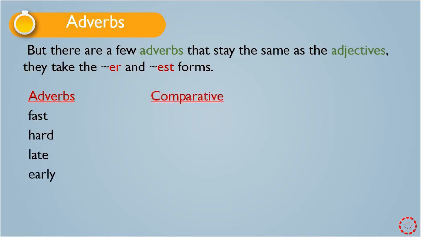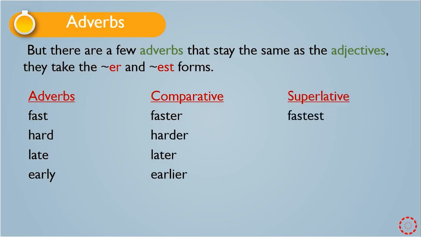For the comparative, we say faster and harder, later, or earlier. For the superlative, we add est. We say fastest, hardest, and later became latest. Sorry, here I made a mistake. Earliest.